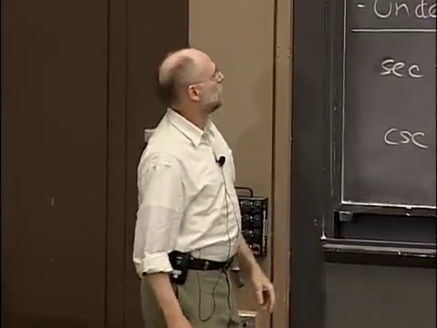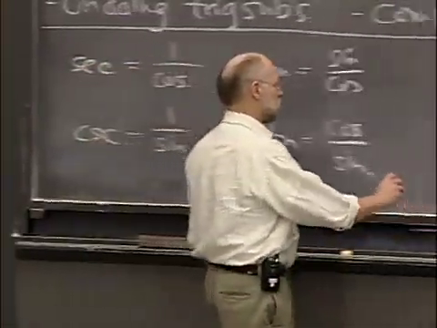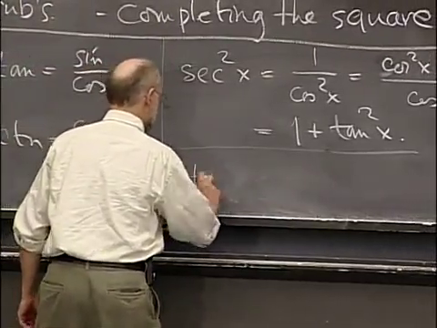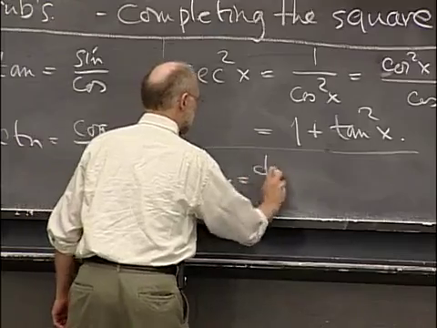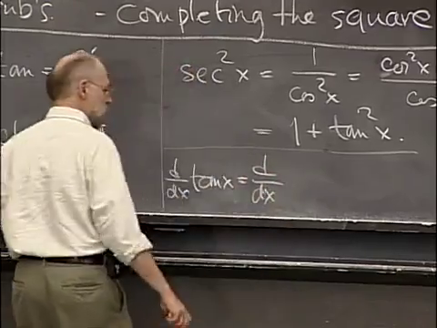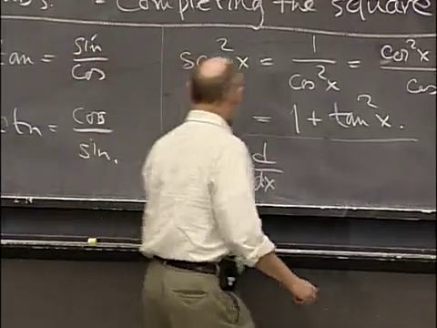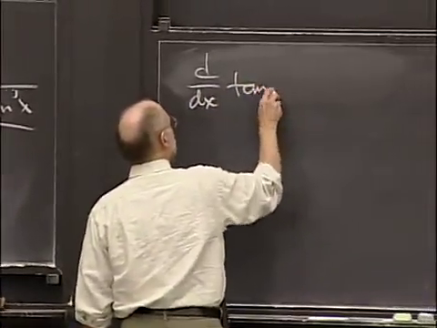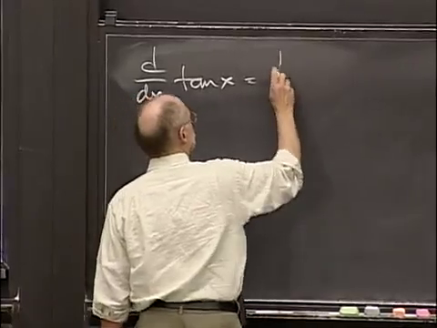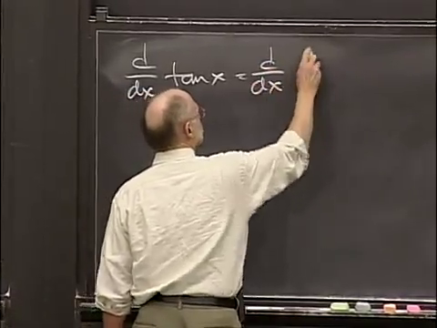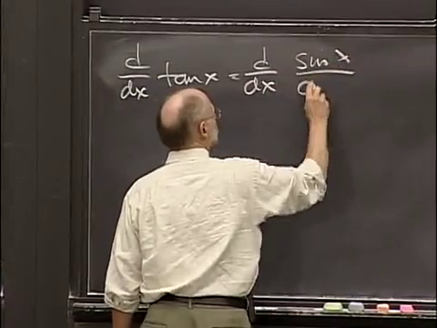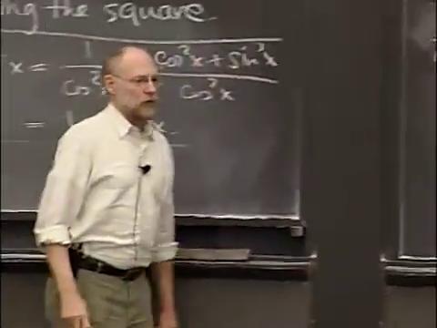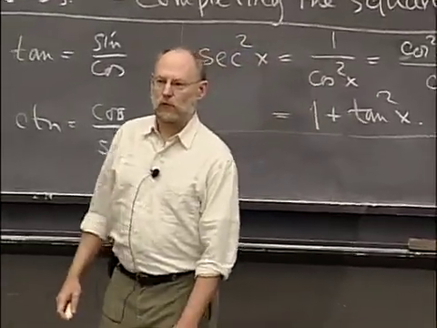How about this piece of calculus? Can we calculate the derivative of the tangent of x? Actually, I'm going to do that on this board. Well, the tangent of x is sine x divided by cosine x. So I think I was with you when we learned the quotient rule.